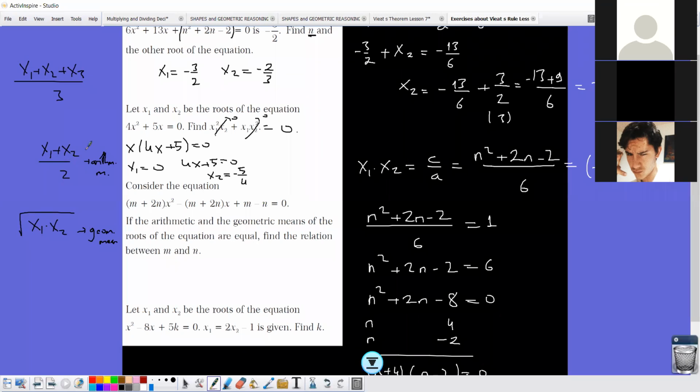If you know arithmetic and geometric mean now, you will use Vieta's Theorem again because they are equal. You will equalize these two, write these unknowns instead of them, and then at the end, you will find the relation between m and n.